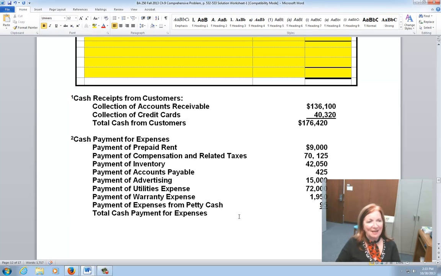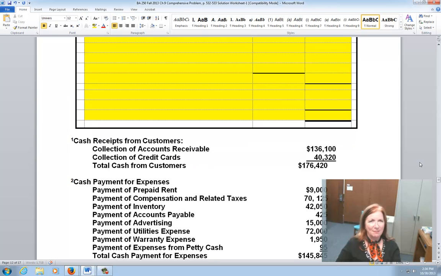Now I have to add these together and get this total number. So I'm going to come over here. I'm going to put in a dollar sign because it's the total. I'm going to put in 145,845, and that's the total amount of payments.